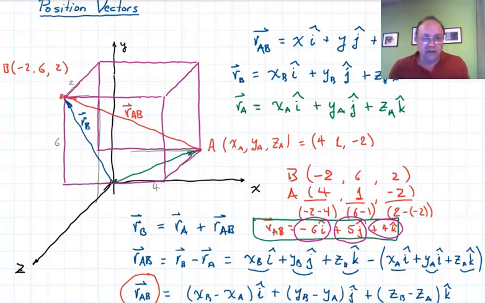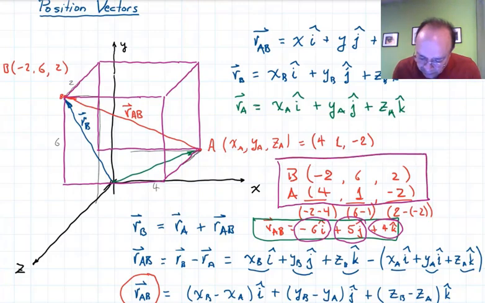But now we have a more formal way of doing it. Basically, you organize the coordinates of the points and subtract. If you're going from A to B, you subtract the coordinates of point A from the coordinates of point B, and those are the magnitudes of the rectangular components of the position vector.